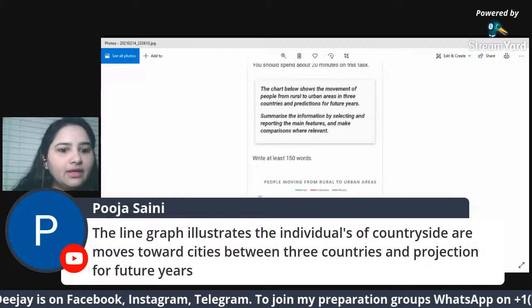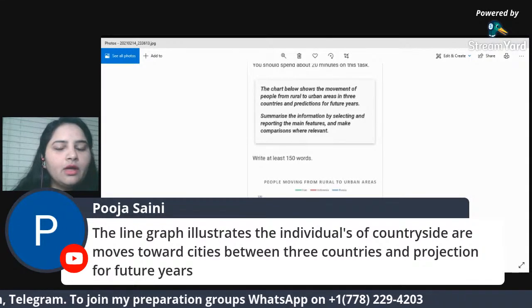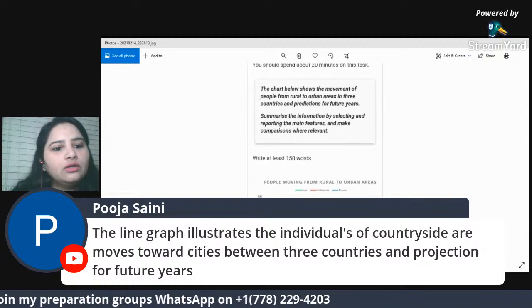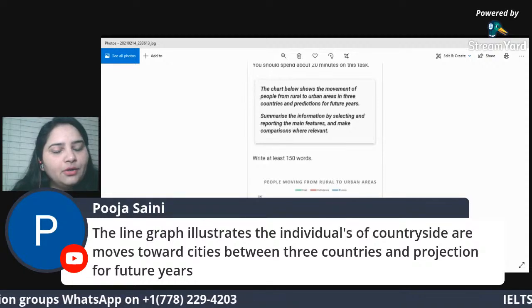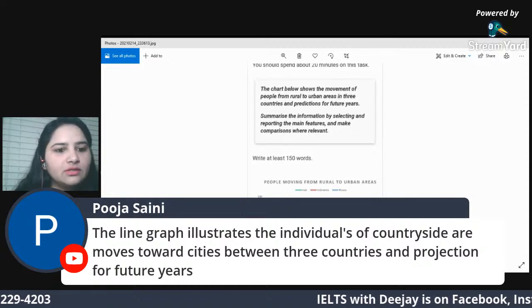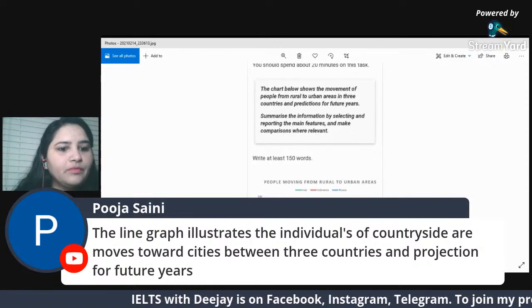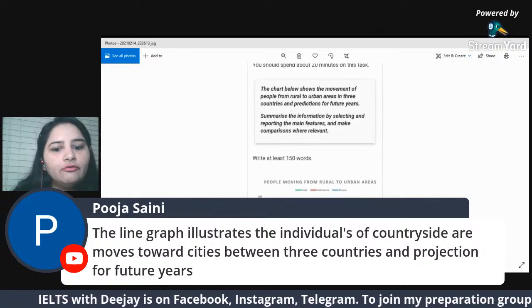Try to add millions as well, and they are talking about the past and they're talking about the future. Are moves means you're talking about the present. It's not about the present, it's about the past and it's about the future.